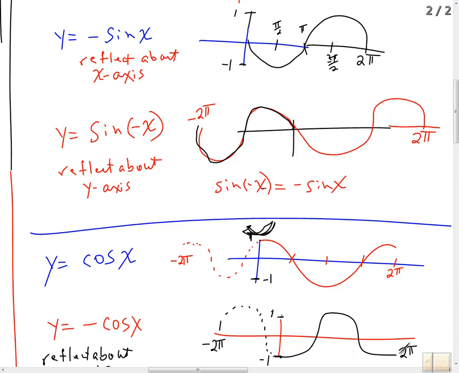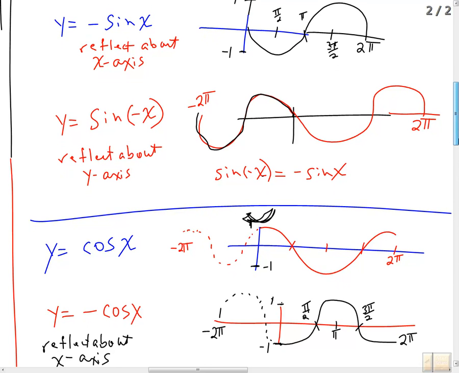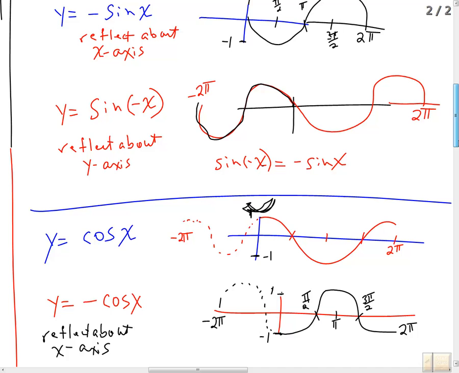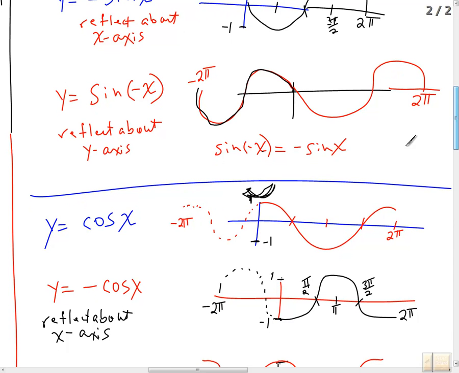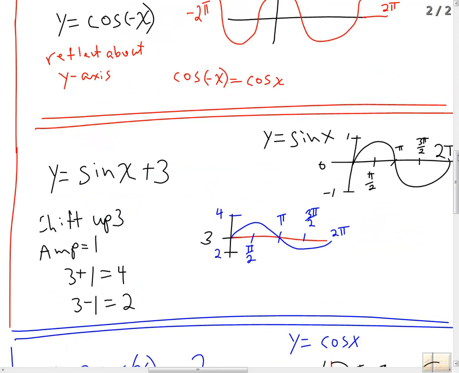And so this is still here at pi over 2, and this is pi, and 3 pi over 2, and then 2 pi. And so the graph, if you wanted to go in the negative direction, would continue on that way. So that is reflecting about the x-axis with the negative in front of the cosine.